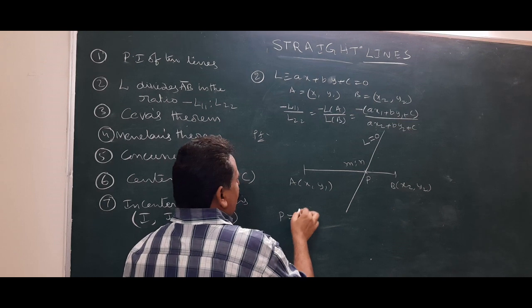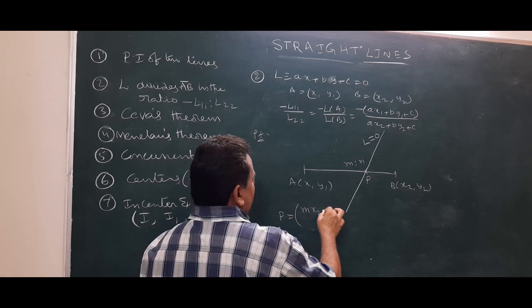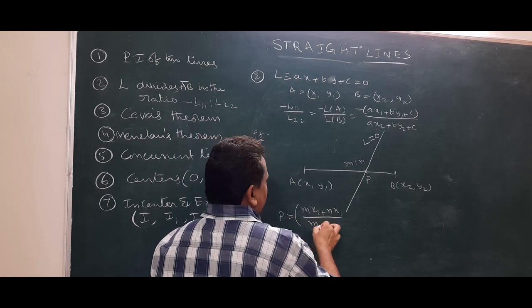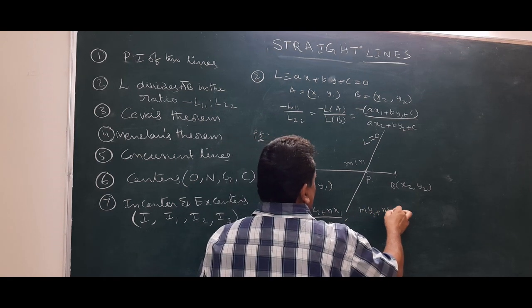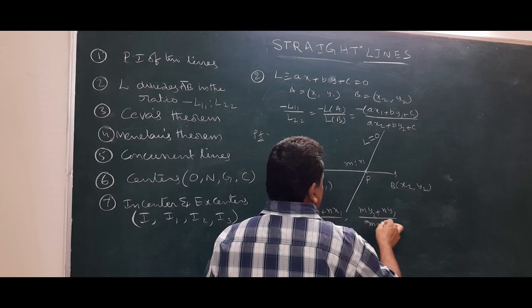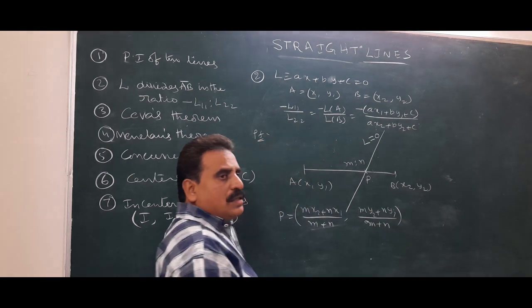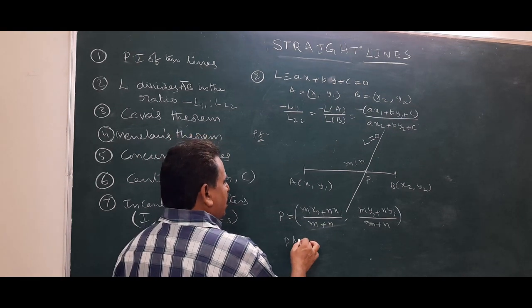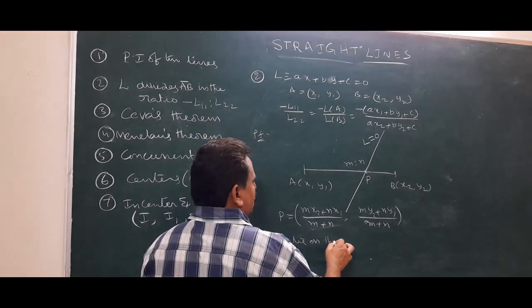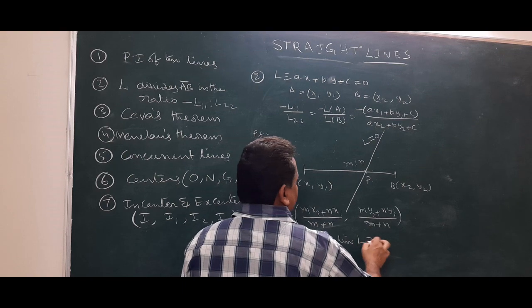P equal to (mx2 plus nx1 by m plus n, my2 plus ny1 by m plus n). But the point lies on the line. P lies on the line L equal to 0.